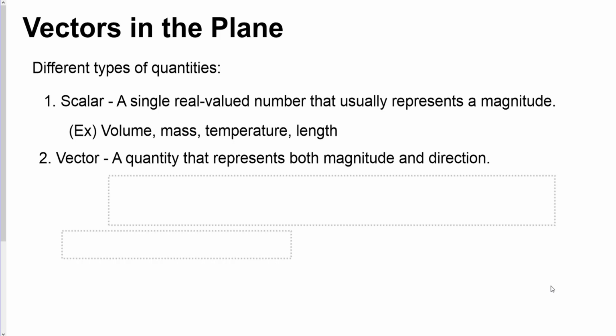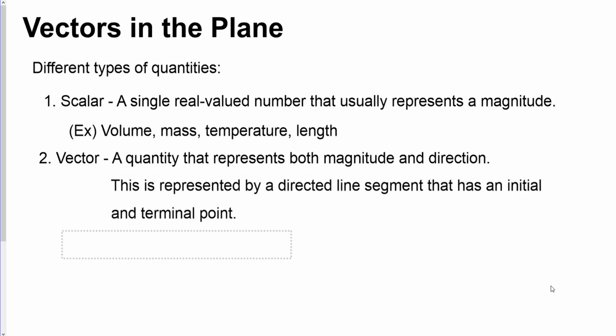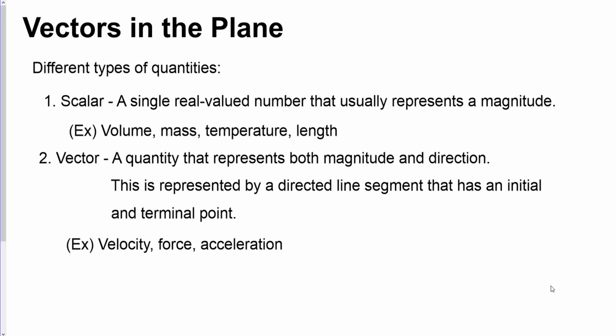A vector, however, is a quantity that represents both magnitude and direction. So this is represented by a directed line segment that has an initial and a terminal point. So for example, velocity, force, acceleration, all of these quantities in physics, but it's not restricted to physics obviously, are vector quantities.